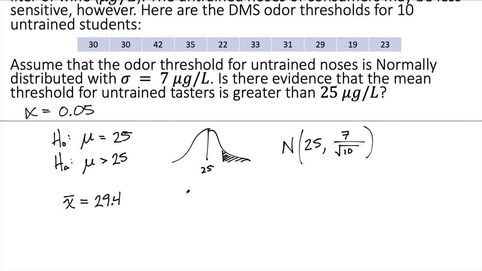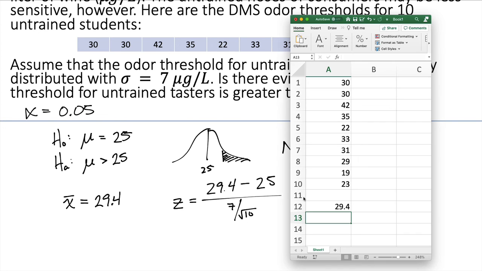So we compute our test statistic Z. We take our mean, 29.4, and subtract the population mean, the 25 that we're comparing against. Divide by the standard deviation, 7 over the square root of 10. We'll go ahead and compute that here in Excel.